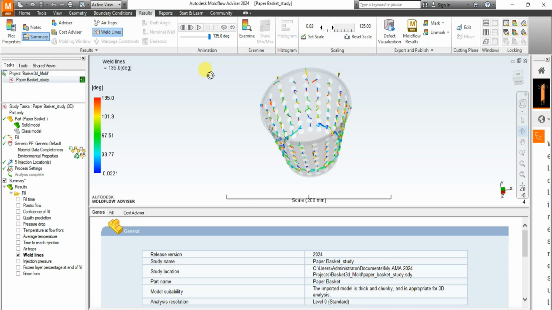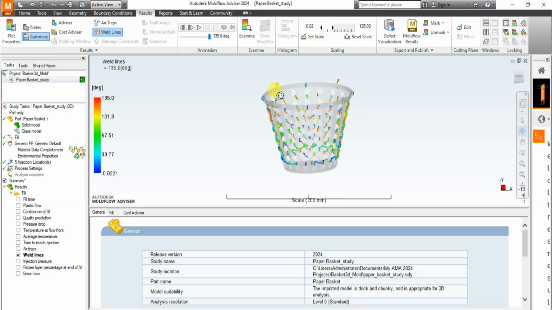A weld line can cause lines, notches, or color change on the surface of the part. If the weld line is positioned on a non-critical part surface, such as the bottom, this may not be a problem. So weld lines show us indicators of structural problems and visual defects. These are things that need to be put in their perspective.